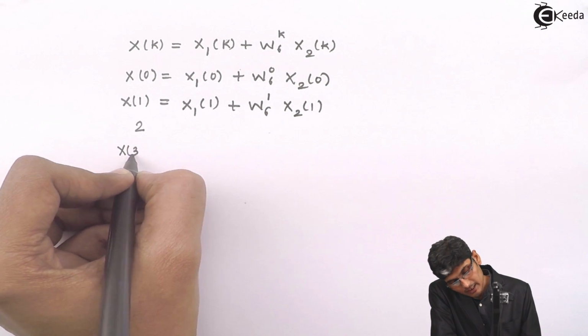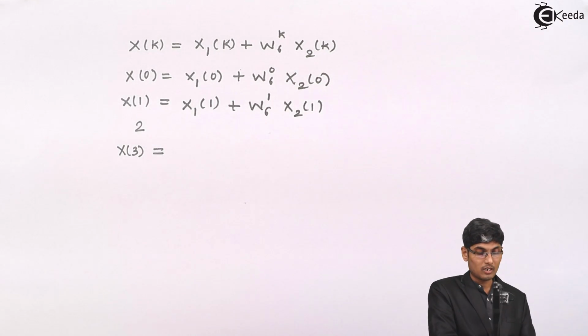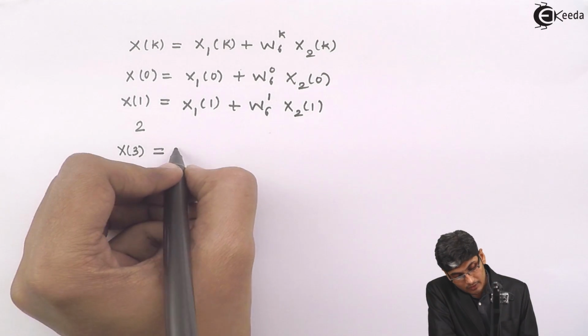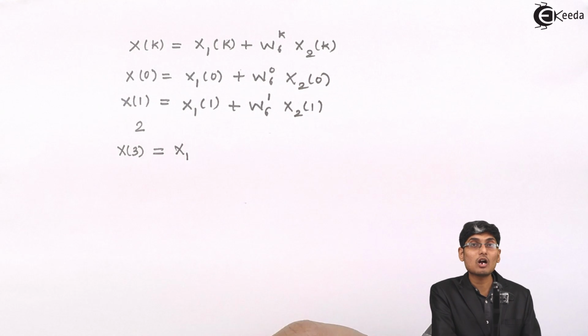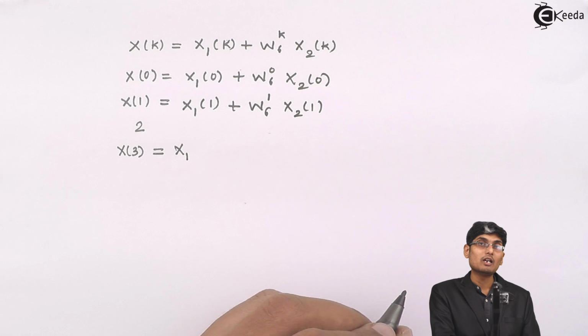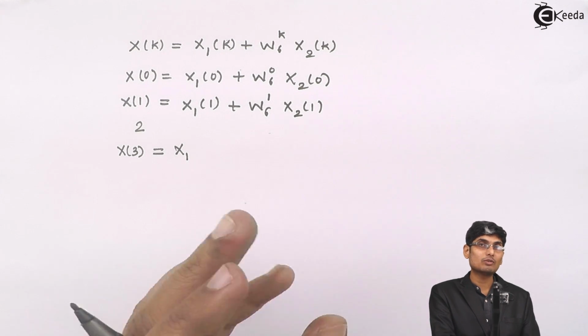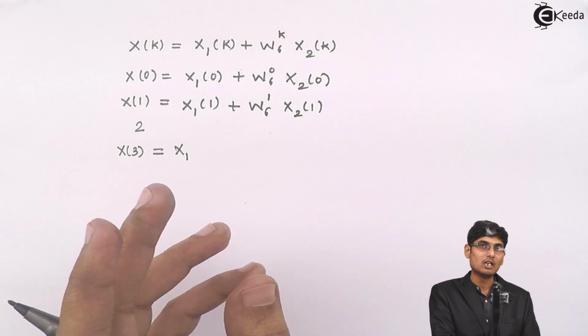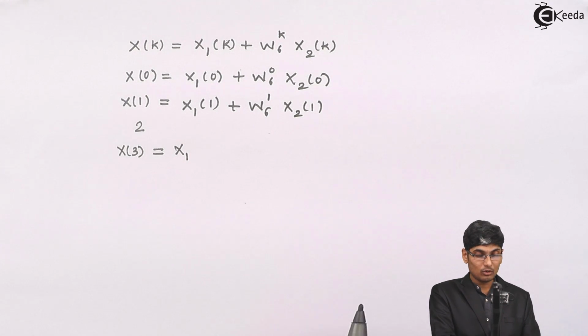But the problem arises when you put k equal to 3. When you put k equal to 3, I will write x1 of 3, but it's wrong. The x1 of k and x2 of k have k values going 0, 1, 2 as we have seen. Where to get this 3? But we know that k is periodic. So after 0, 1, 2, the next value will again be 0.